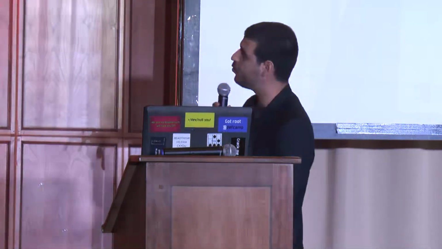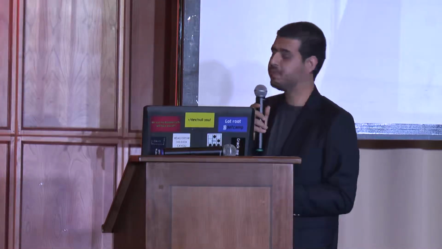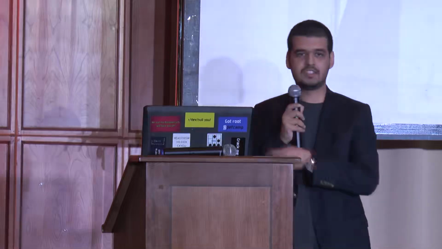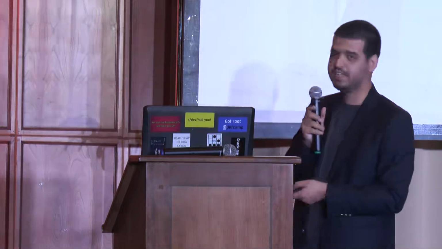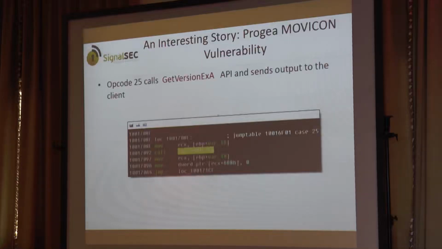And if they're equal, then there's a second comparison, and there's another comparison. It checks the 5th byte of the incoming packet and the 6th byte. If we pass these also, then we come again to switch cases. And here, the information disclosure vulnerability was opcode 25.